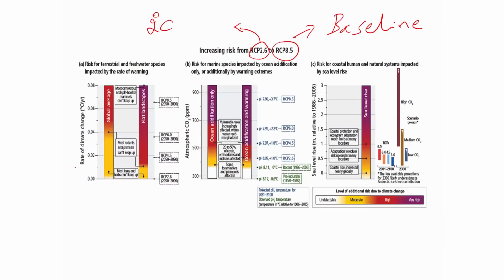So the rate of climate change in degrees per year, the risks for terrestrial and freshwater species impacted by the rate of warming, obviously as you go from 2.6 to 4.5, 6 and 8.5. The global average increases, so most trees and herbs cannot keep up as the rate of warming in terms of degrees per year begins to increase. You should get used to that.